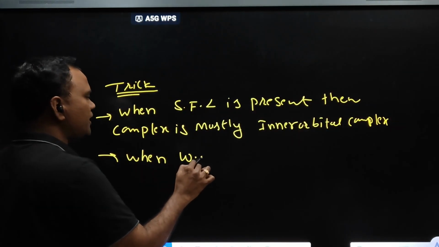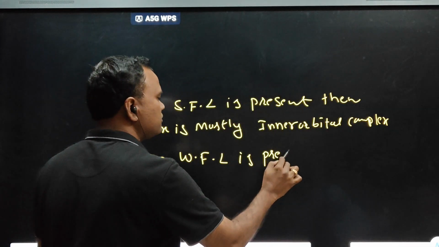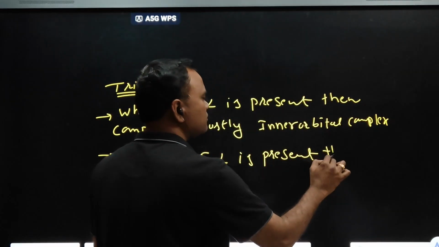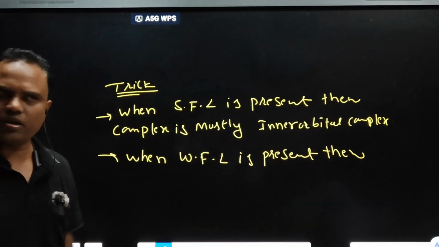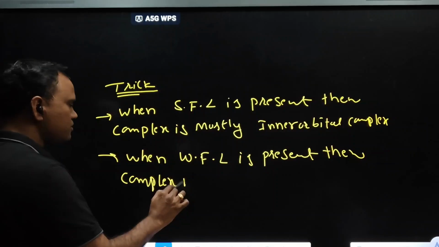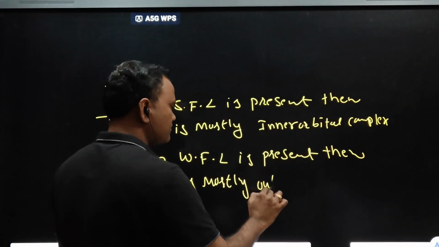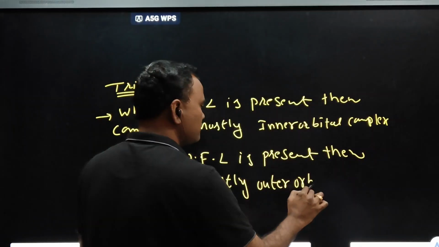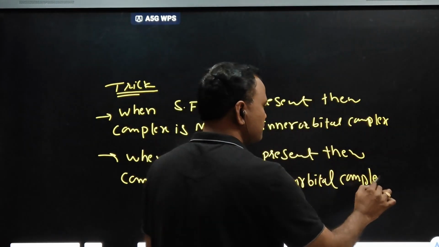When weak field ligand is present, then complex is mostly outer orbital complex.